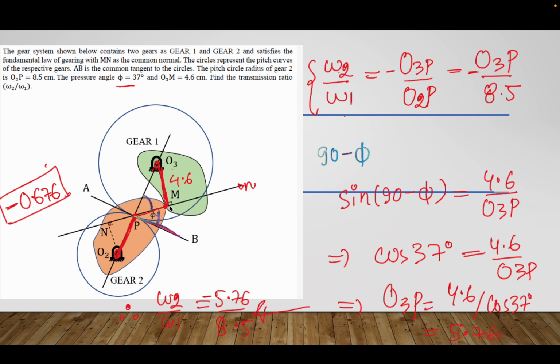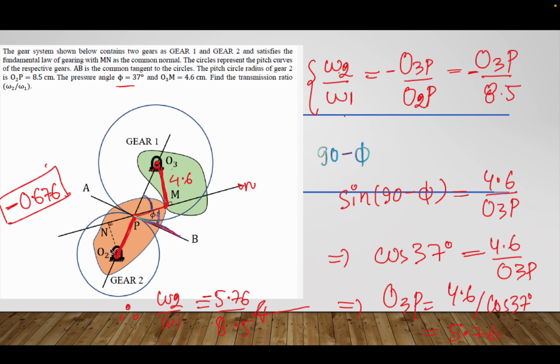So we try to write the velocity of this point C, which is a part of gear 1 as well as gear 2. We write the velocity in terms of gear 1 as omega 1 into this distance O2N, and for the other gear as omega 2 into O2N, right?